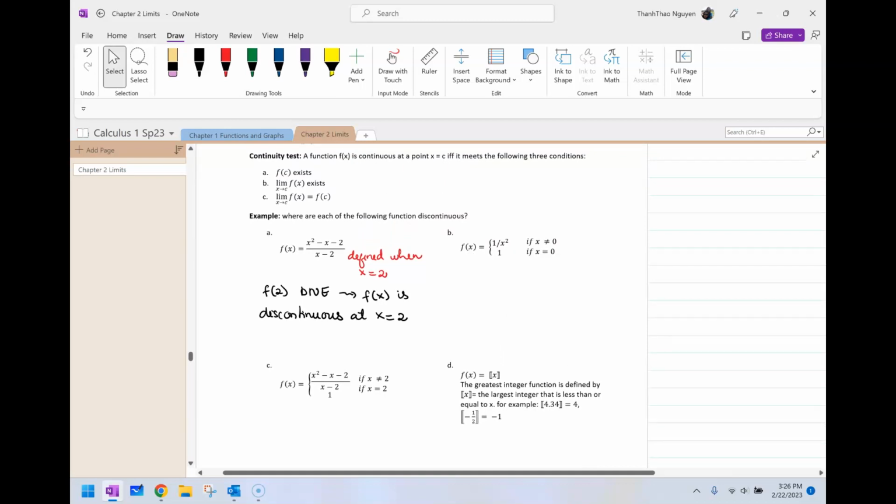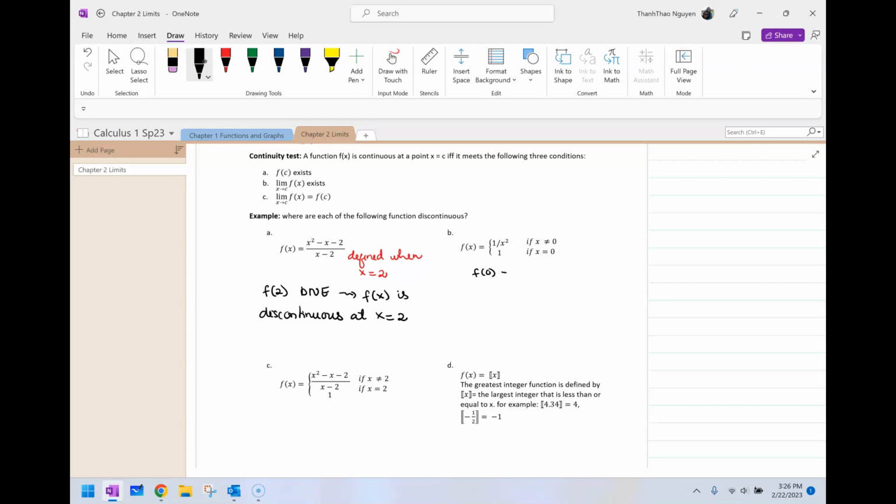Now, f of x equals 1 over x squared for x not equal to 0, and equals 1 if x equals 0. Okay, so let's go through all three conditions. At x equal to 0, f of 0 is equal to 1. Let's see what happens when x approaches 0 from the right.